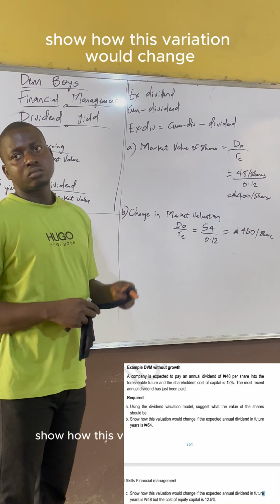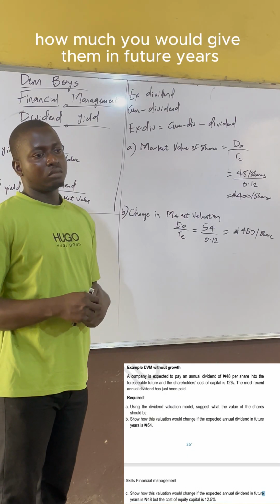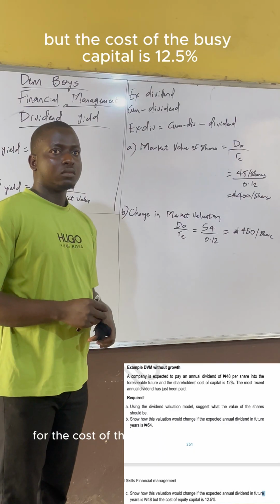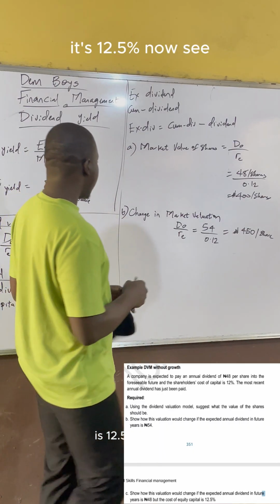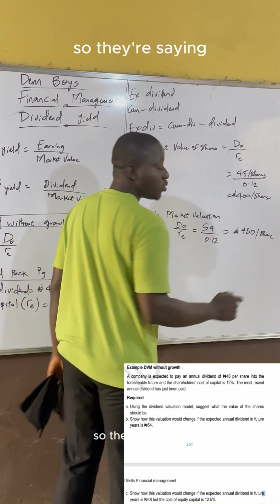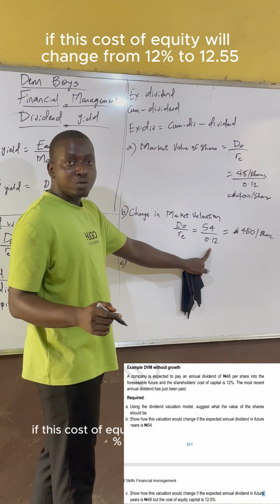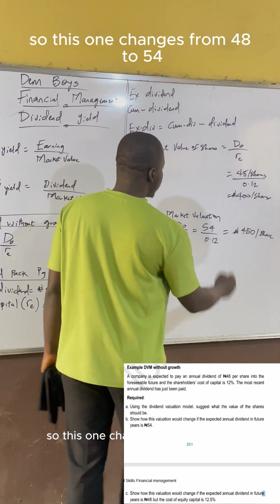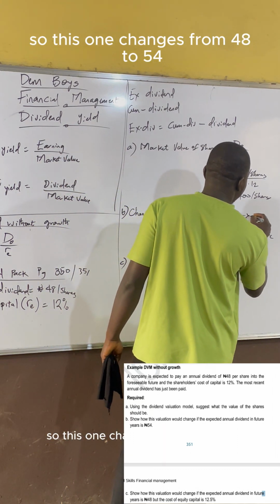Show how this valuation will change if the expected annual dividend in future years is 48, but the cost of equity capital is 12.5%. Now, see. They are saying we should show how it will affect the market valuation if this cost of equity changes from 12% to 12.5%. So this one changes from 48 to 54.